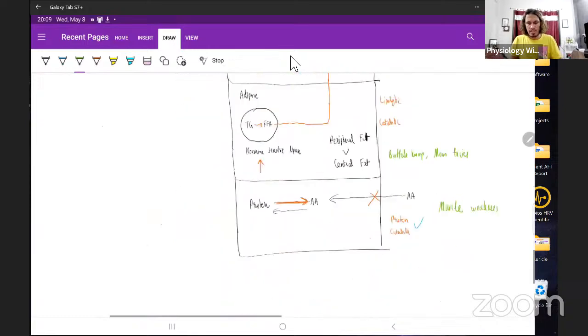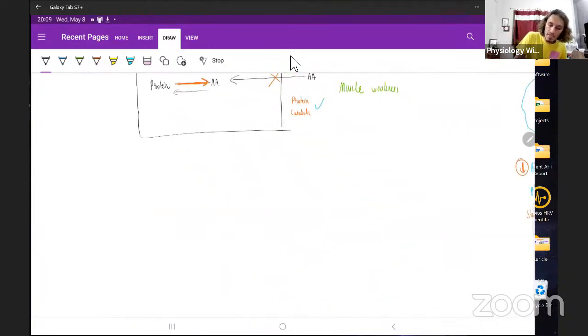One small thing I want to end with is your permissive activity. What is permissive activity? The actions of your cortisol are such that it helps certain other hormones to act better.